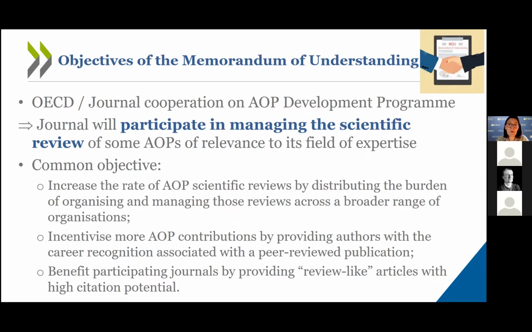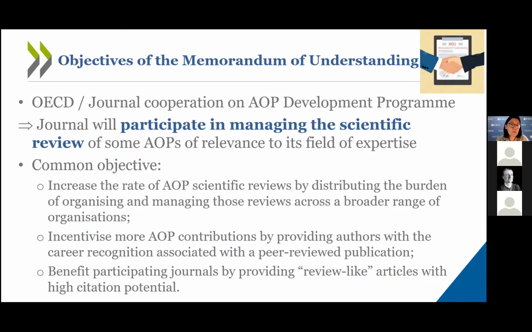And this cooperation, which takes the form of a memorandum of understanding between the OECD and a journal, aims at increasing the rate of AOP scientific reviews by distributing the burden of organizing and managing those reviews across a broader range of organizations.